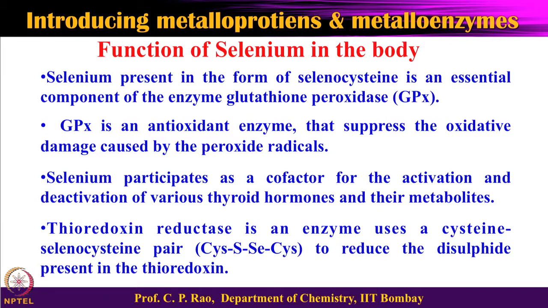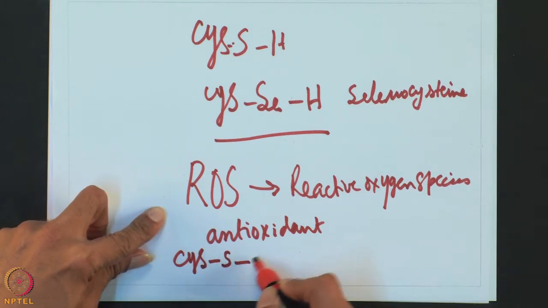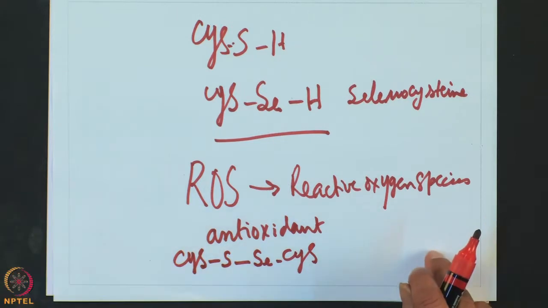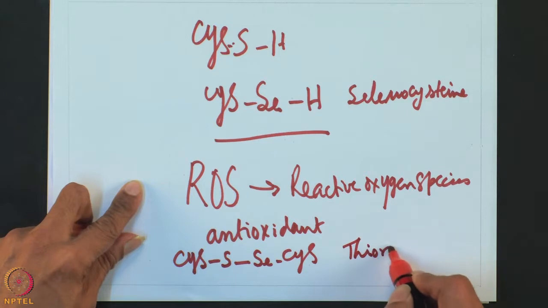Another aspect you will find is thioredoxin reductase, an enzyme which uses a cysteine selenocysteine pair.